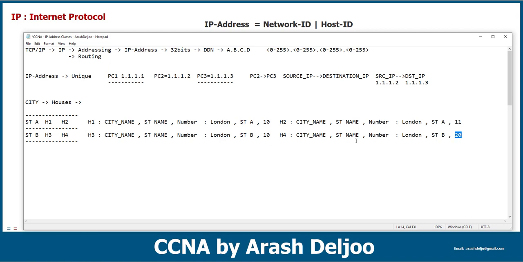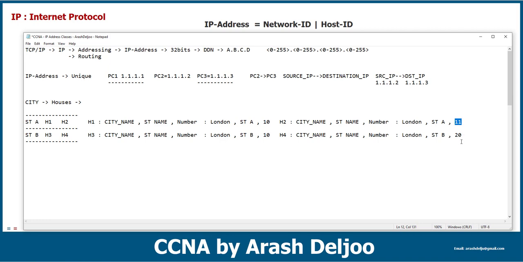And also, we don't have any relevance between the numbers in street B and street A, because they are residing in different streets. For example, host 1 and host 3 are using the same number. It's not important. And host 4 and host 3 or host 2 are using different numbers.